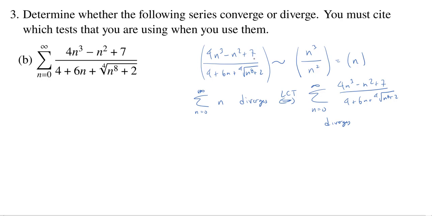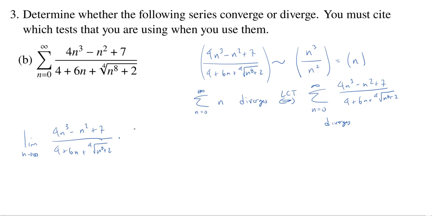The only thing I have to do to justify that the series diverges is to justify this claim that this sequence is asymptotically equivalent to n. To do that, we take the limit as n goes to infinity of the original sequence, 4n cubed minus n squared plus 7 over 4 plus 6n plus the fourth root of n to the 8th plus 2, and we need to divide it by n.